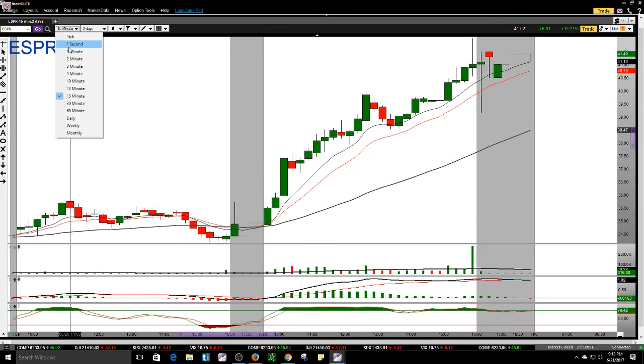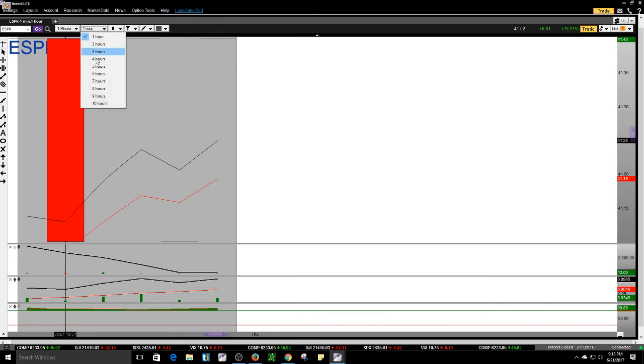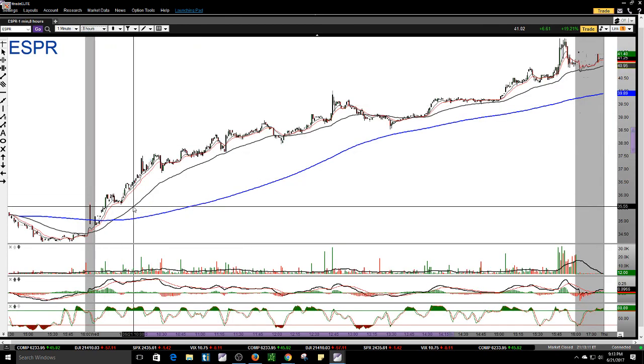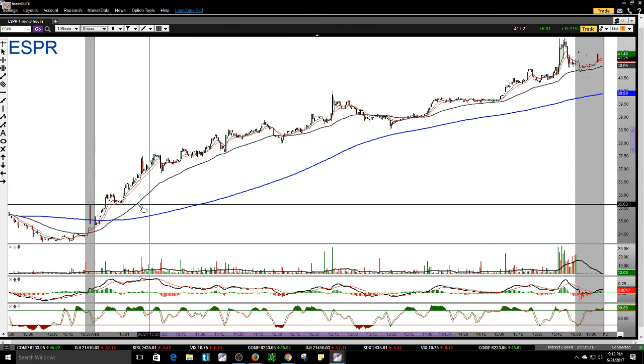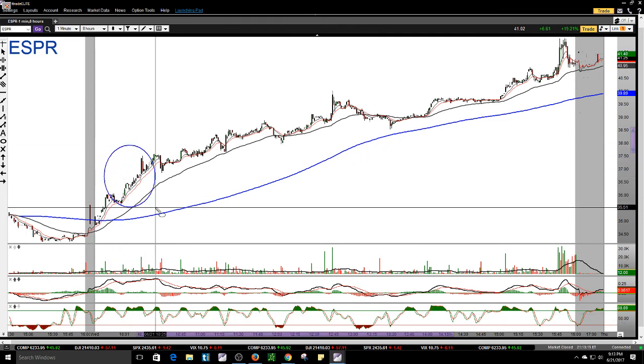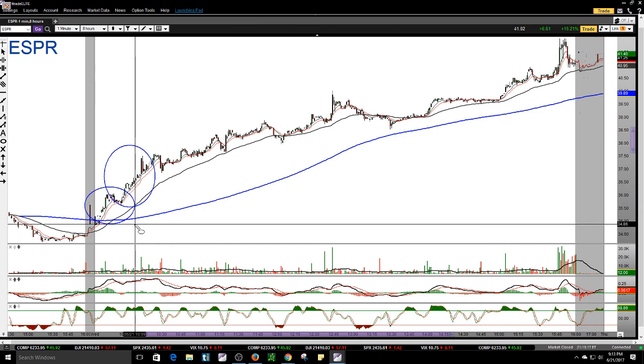Now, if you were trading this exact chart on a 1-minute time frame, you may have only captured this move here or this move here.